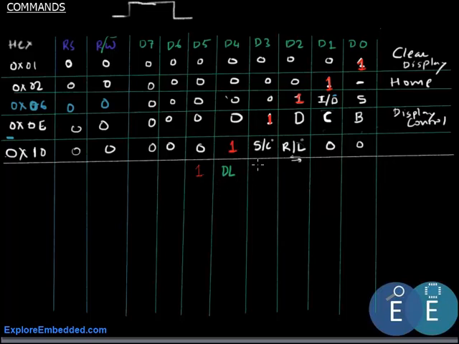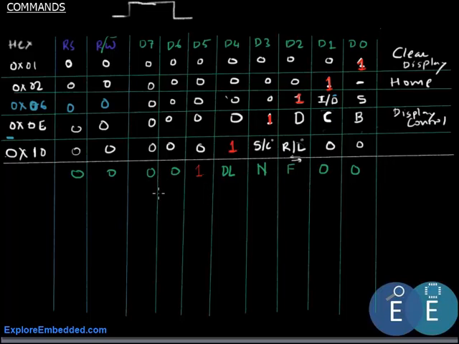Then the next bit is N, which defines the number of lines the display has, whether it is a 1 line or a 2 line display. And then there is font size F. Now this is a rather important one. Again, everything else remains 0, so we could assume the don't care bits as 0 as well.